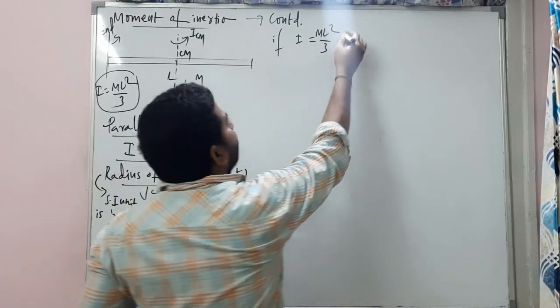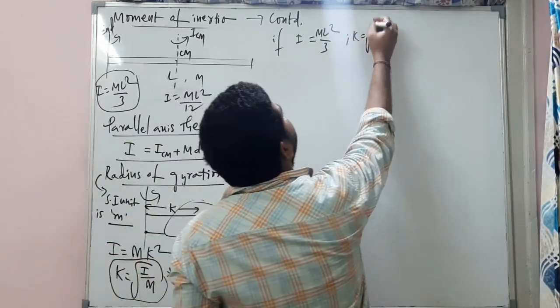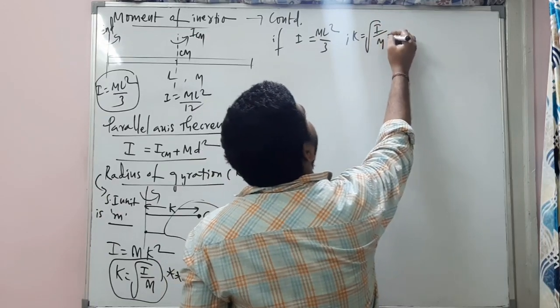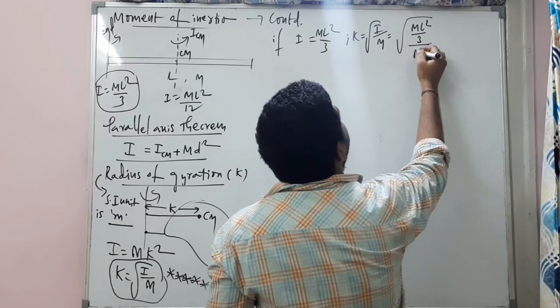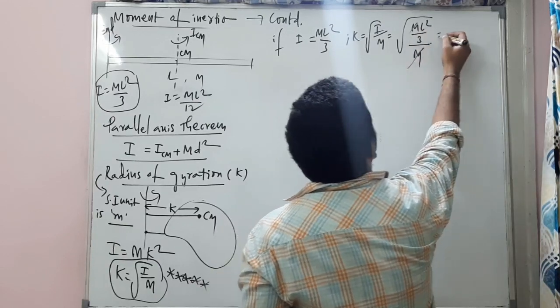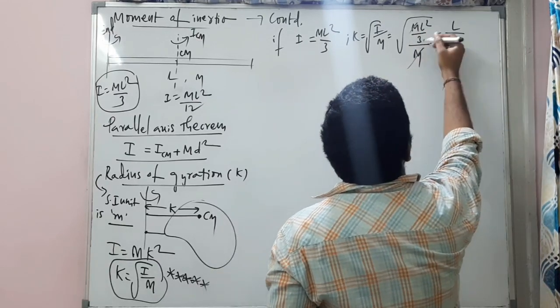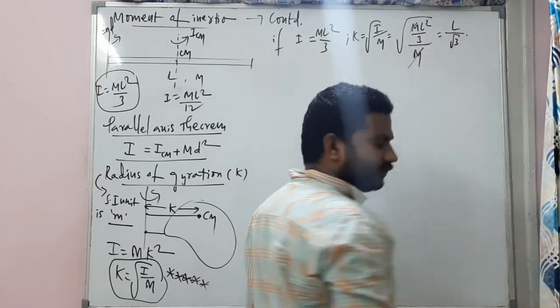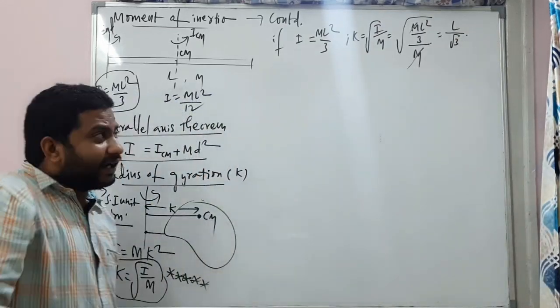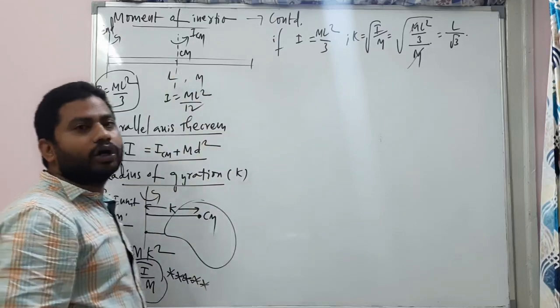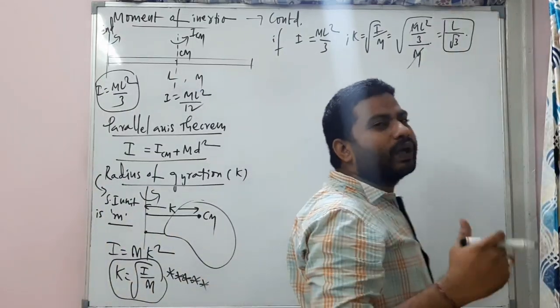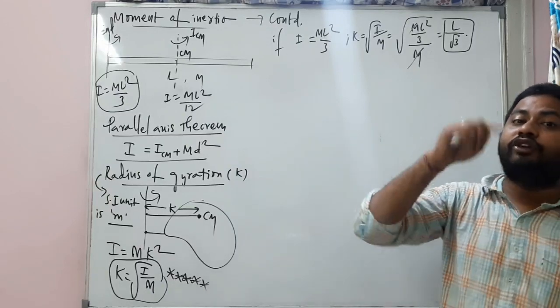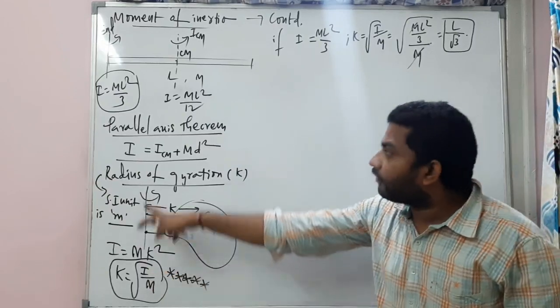So K is root of I by M, which is root of ML square by 3 divided by M. M cancels, root of L square is L by root 3. Observe carefully: the radius of gyration in that case we have got is L by root 3. In the same way, you get the radius of gyration if you know the moment of inertia.